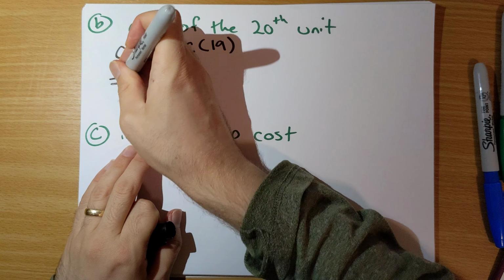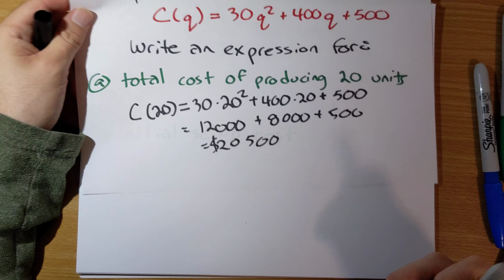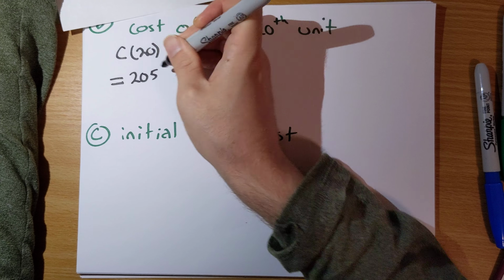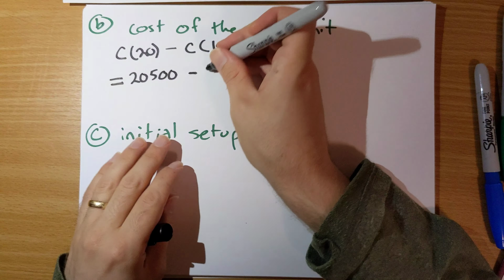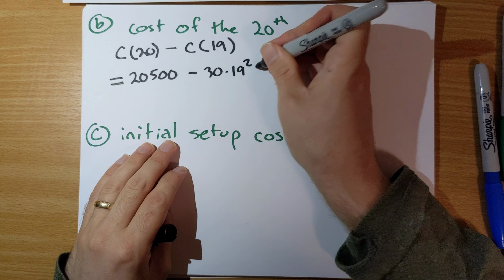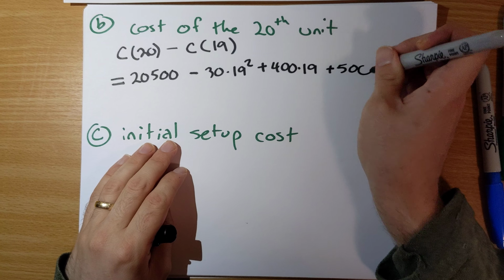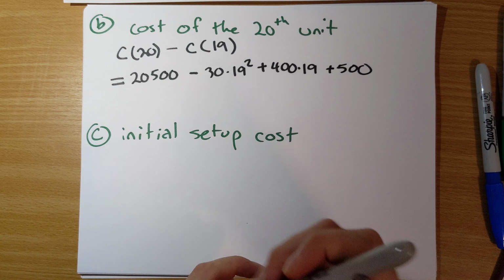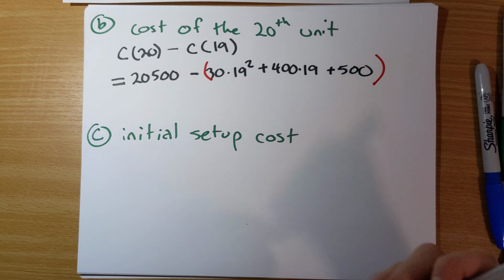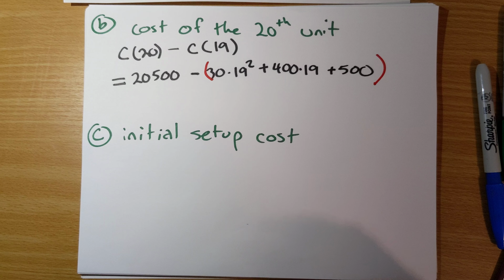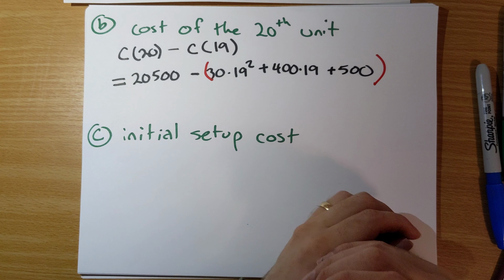And so the answer here would be, I guess we computed this to be 20,500 minus C of 19, 30 times 19 squared plus 400 times 19 plus 500. And what's the important thing I need to do here? Put all of that inside the parentheses to make it clear that we're subtracting all of this. This is C of 20, this is C of 19.